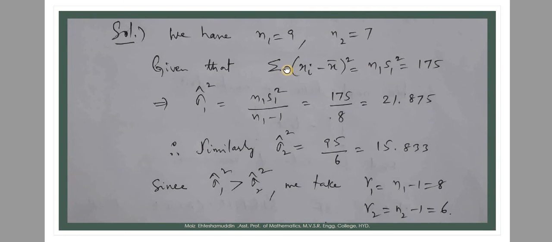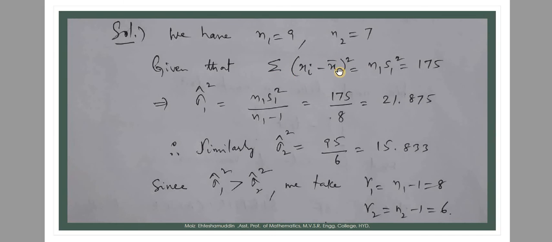You see, this sigma is taken for the square of this difference. This difference is the deviation of this value from the mean, and this is the square of the deviation, and this is the sum of the squares of the deviations.